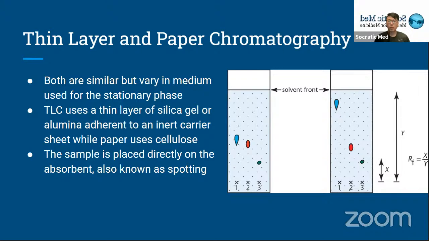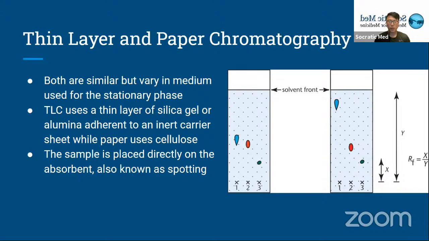Thin layer chromatography, also known as TLC, uses a thin layer of either silica gel or alumina, while paper uses cellulose. So TLC will have the thin layer of silica gel or alumina attached to an inert carrier sheet, most likely paper, and you'll place the compounds on that side with the silica gel or the alumina.